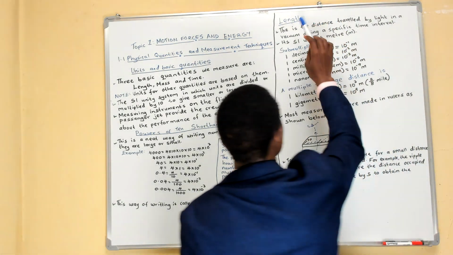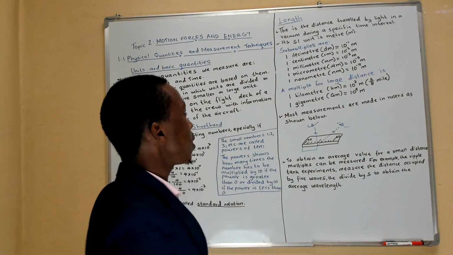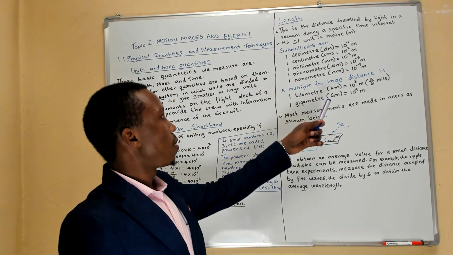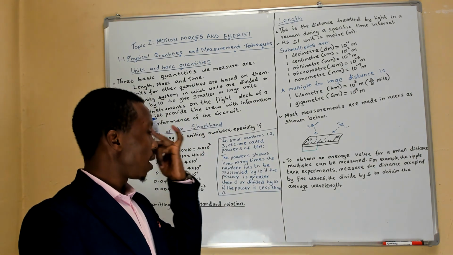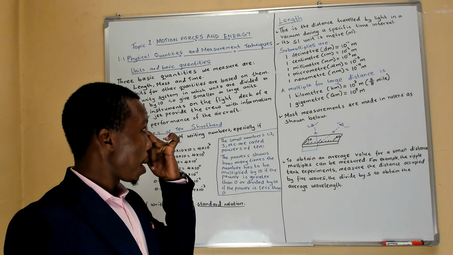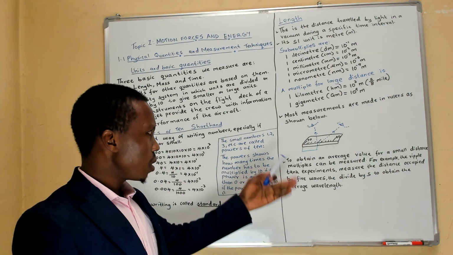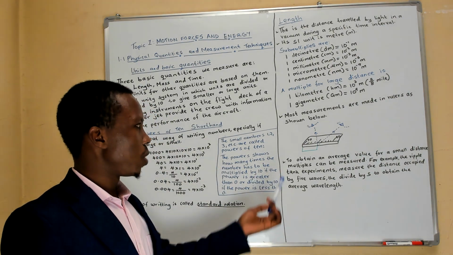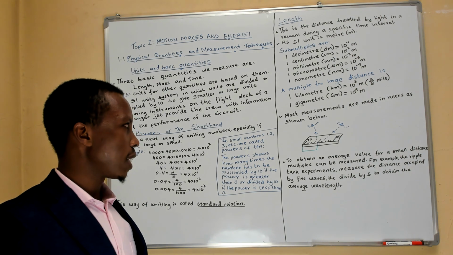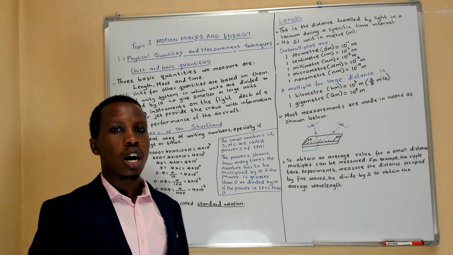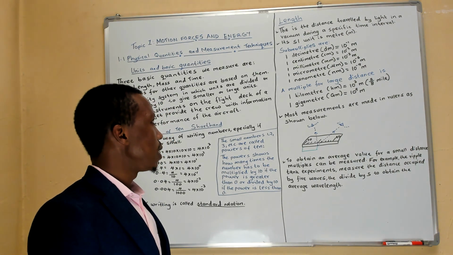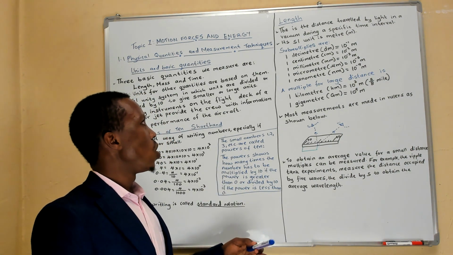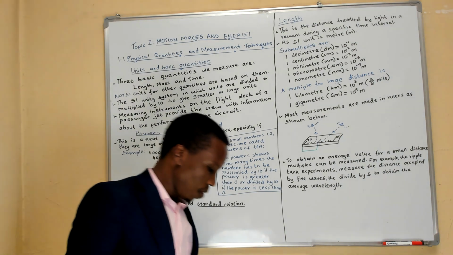Thereafter, we'll talk about length, the subunits of length, and multiples for large distances, then probably show you a diagram showing how to measure length using a ruler. Thereafter, I will wrap this up and continue with the notes on significant figures.